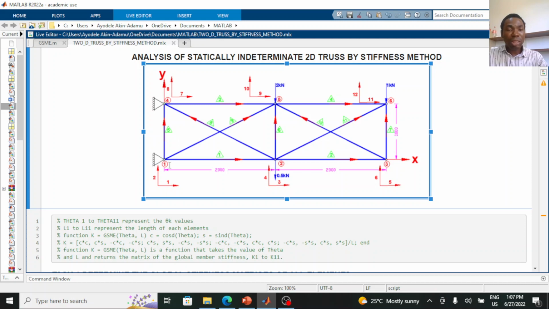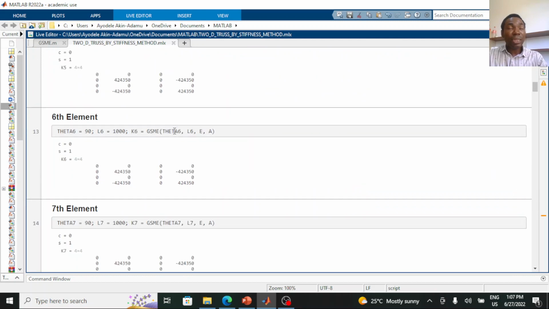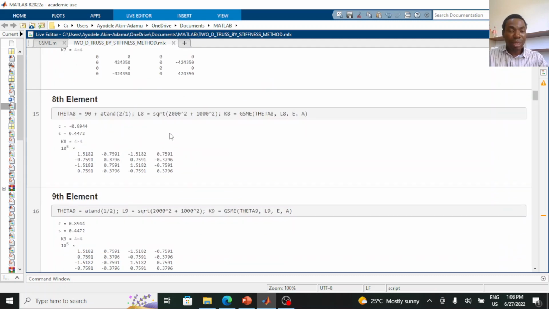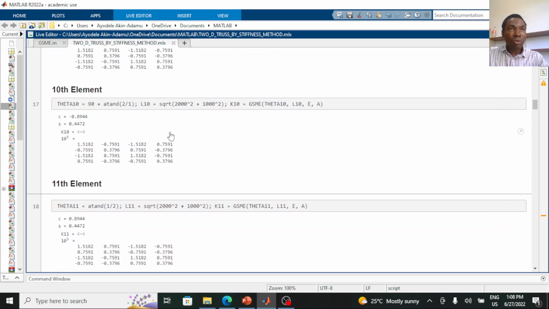So we have 4 support degrees of freedom, 1, 2, 7, 8, and at those 4 support degrees of freedom we have to add a large stiffness to the diagonal elements of the global stiffness matrix: at 1,1, at 2,2, at 7,7 and 8,8.